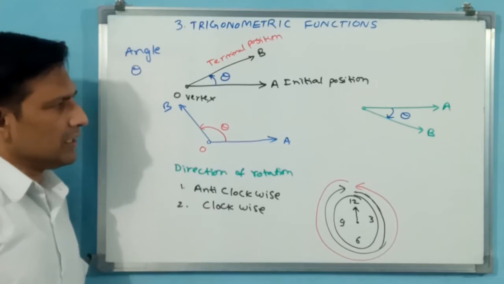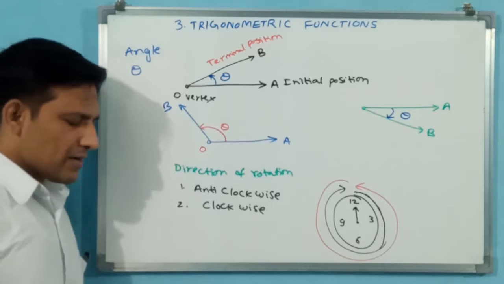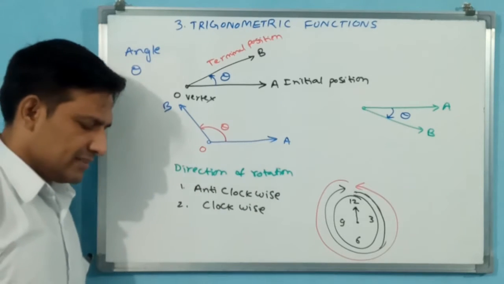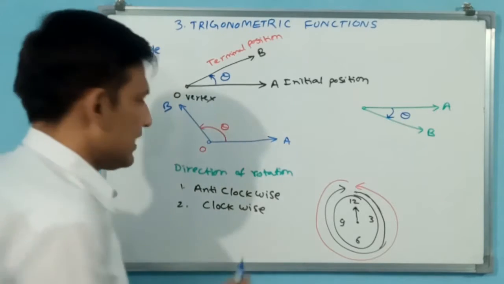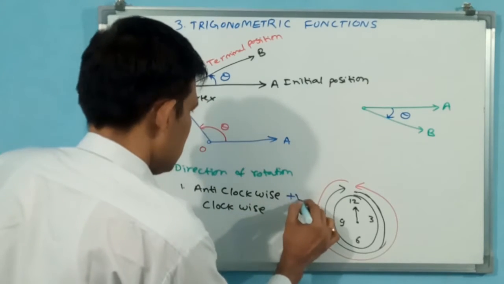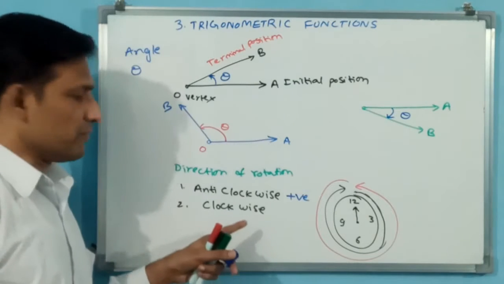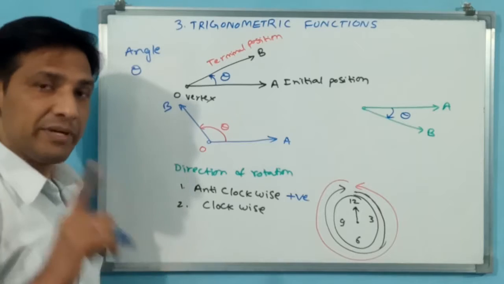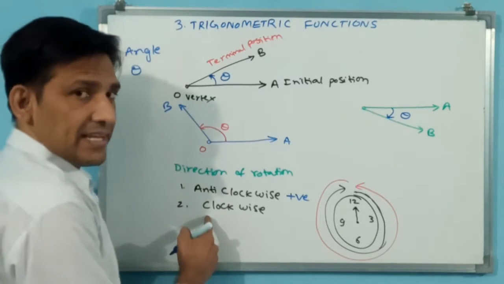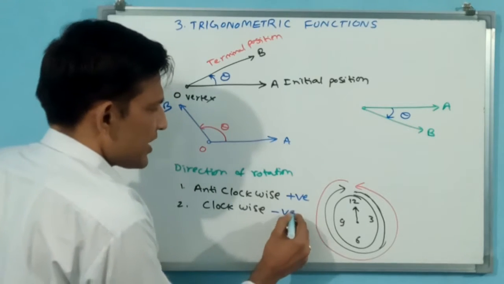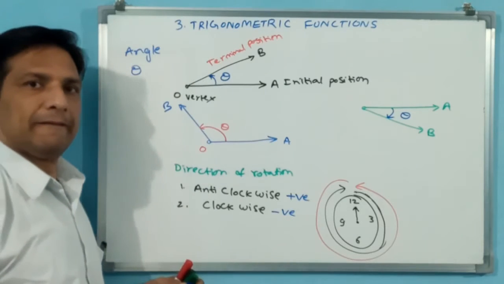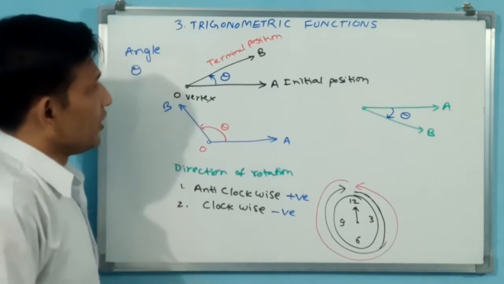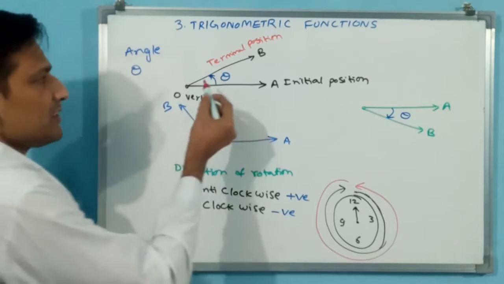Okay. Now see what we learned. If the angle is in anti-clockwise direction, that will be a positive angle. That you have to keep in your mind. If the angle is in clockwise direction, that will be a negative angle. Okay, now let us go back to our figures. You see here, theta, this is positive only.